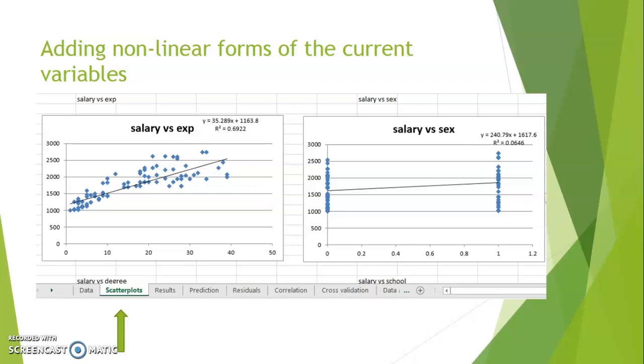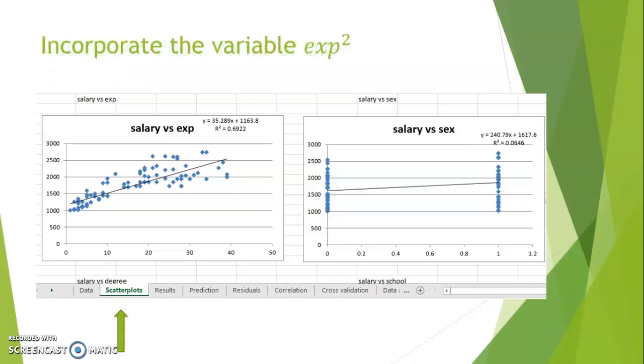For example, when looking at the scatter plot of salary versus experience, you can tell that the scatter plot takes on some form of curve. It seems concave down, and perhaps some of you may even be tempted to incorporate the variable experience squared by saying that the shape is looking parabolic. There's a lot of intuition, obviously, behind this guesswork.